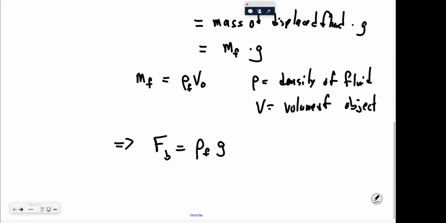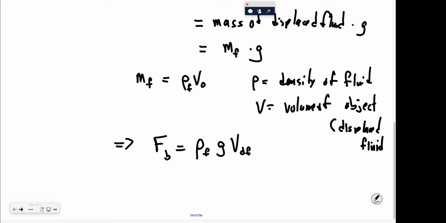And I'm going to be more specific here. Instead of V O, I'm going to say the volume of the displaced fluid, because this is going to be a more general thing to do. Really, it's the volume of the displaced fluid. We'll see what the difference is.